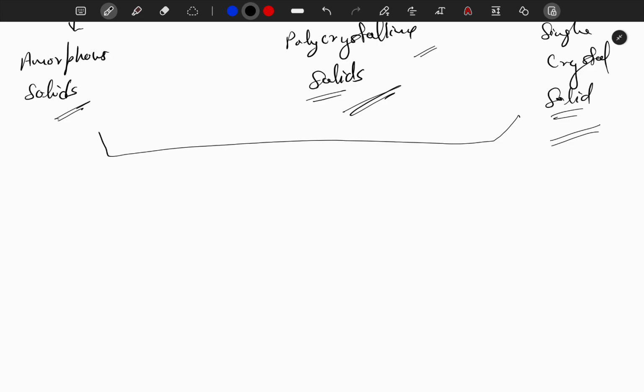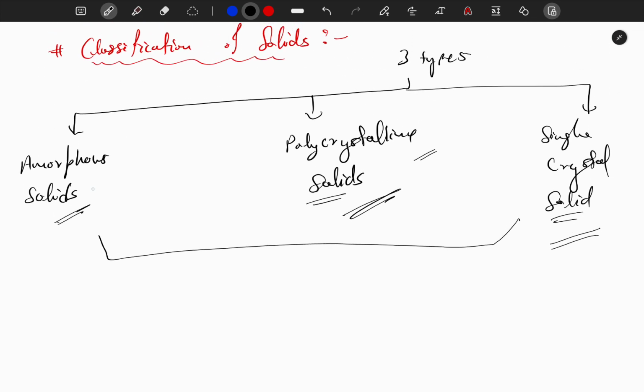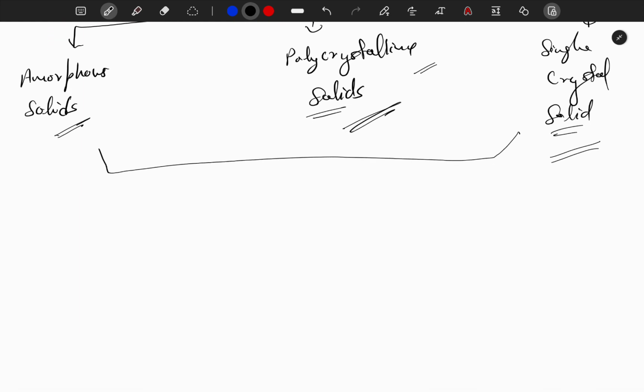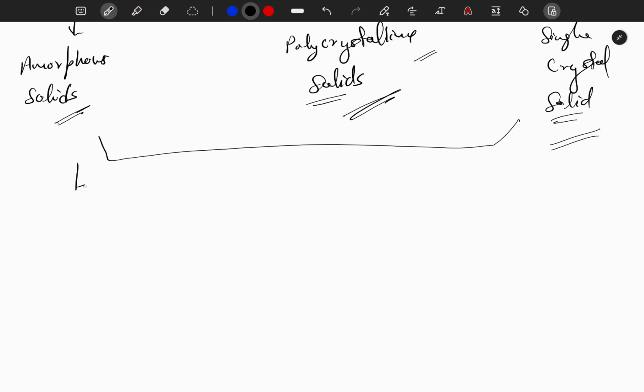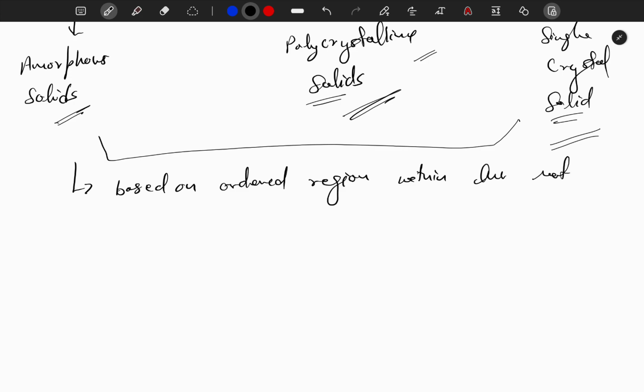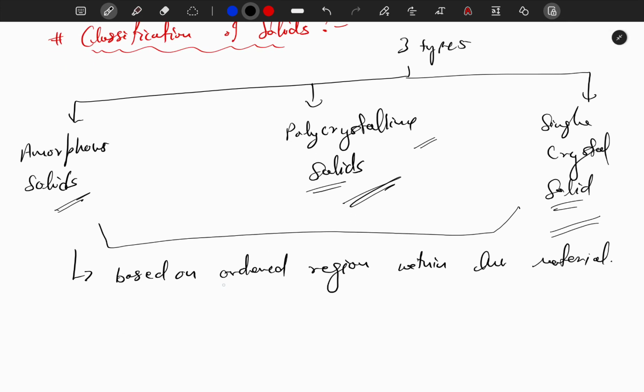The solids are categorized into these 3 categories based upon the size of ordered regions. This classification is based upon the ordered region within the material.